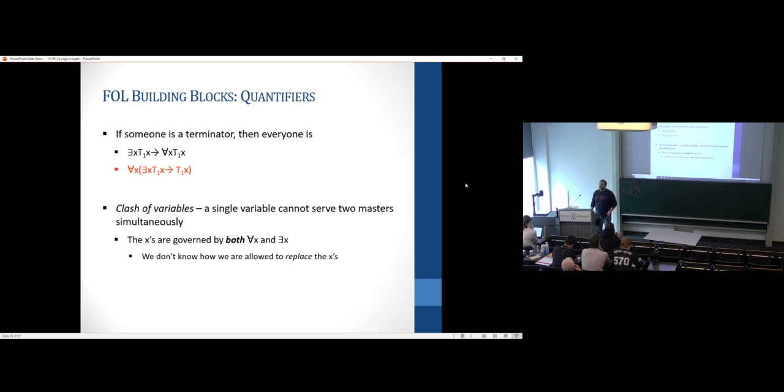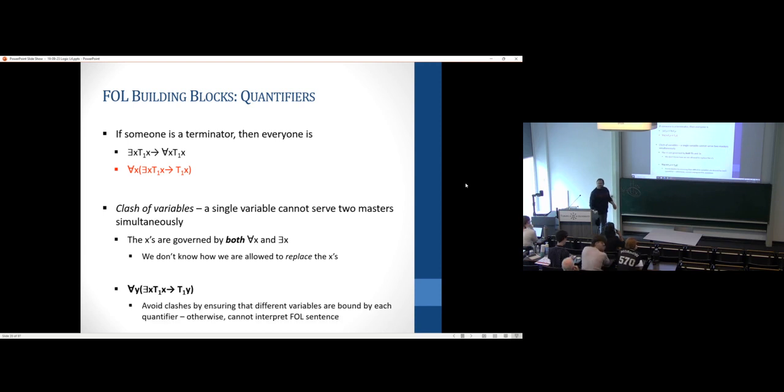Right? So the solution isn't to just say, oh, this is all just rubbish, right? It's that we need to be careful about how we attach variables to the quantifiers. We can make this work if we just change the variable attached to either our universal or our existential. Something like this. Okay.